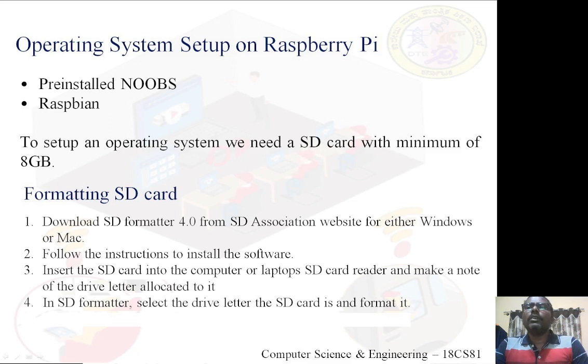Once you insert your SD card, in Windows just go to My Computer and make a note of the drive letter, like C drive, D drive. What's the drive letter for which the SD card is inserted?